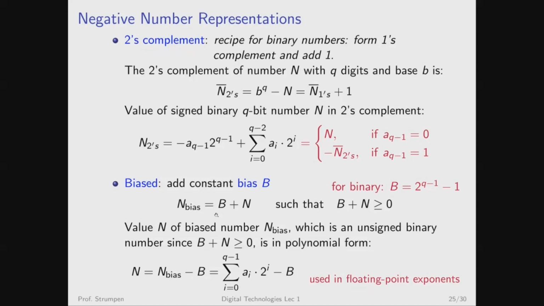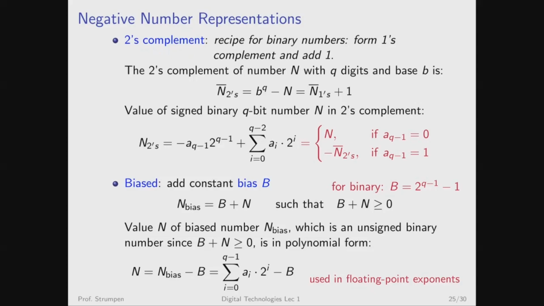Now, in general, you want to pick that bias B such that all the signed numbers, positive and negative numbers N, after adding the bias should become positive or non-negative numbers, to be precise. Right? If that is the case, you don't need a sign bit any longer, right? Your bias representation has just non-negative numbers, and if you want to compute the actual value of the bias number representation, you gotta subtract the bias B from N bias again.